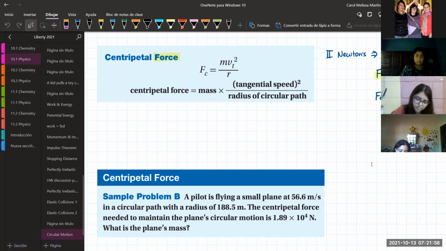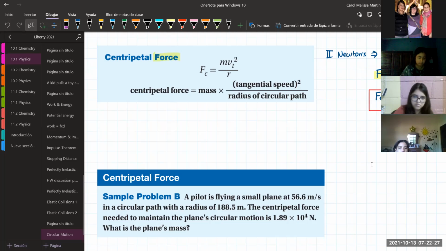And now take a look. The two equations are the exact same. And they were the same before. Okay? So even if you don't know the formula for centripetal force, what I'm showing you is how to get it. This is the main formula to get a centripetal force.